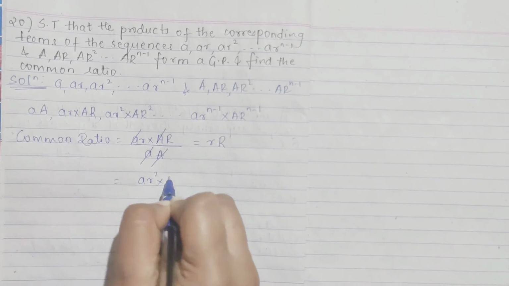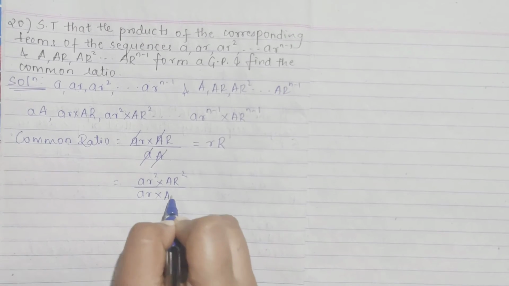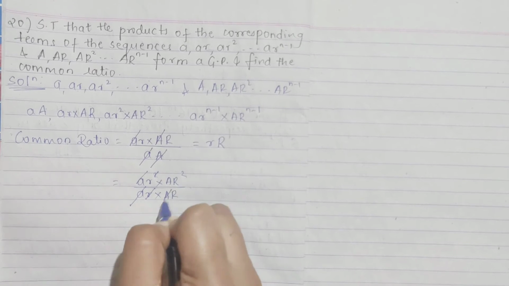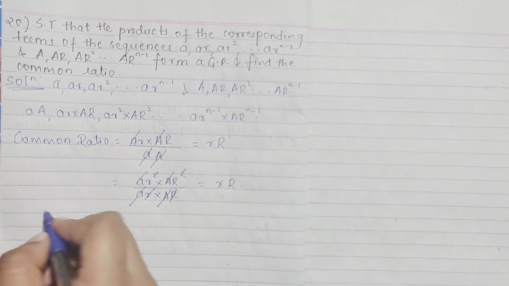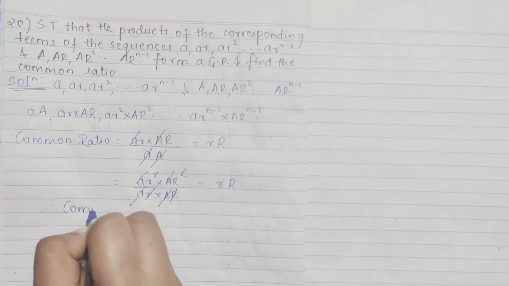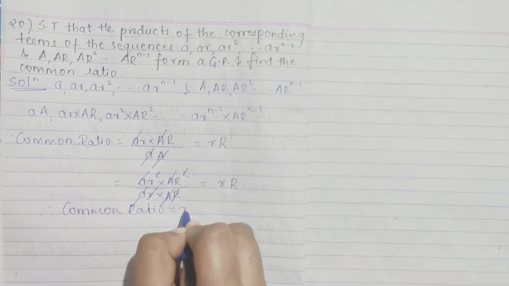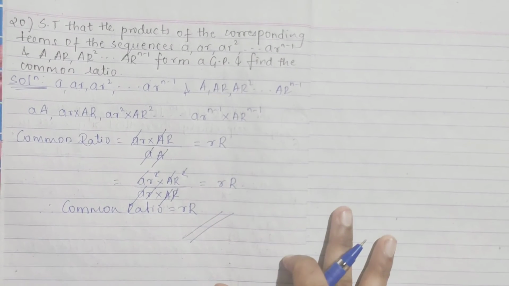So AR square into capital AR square whole divided by AR into capital AR. So one A, one R gets cancelled, capital A, one R. So again you are having R into capital R. Therefore common ratio is, which is equal to, R into capital R. I hope this is clear for you.